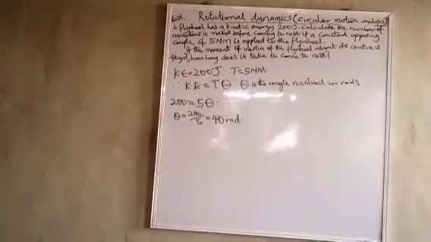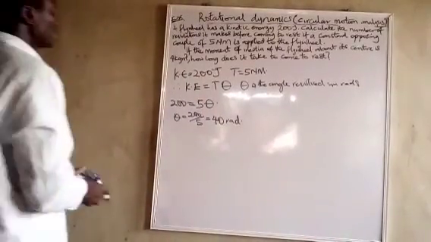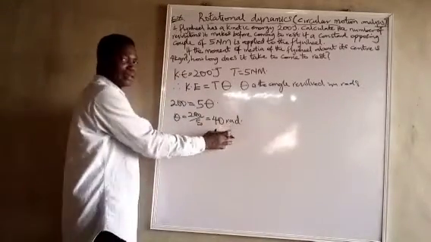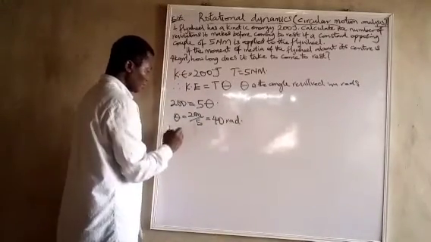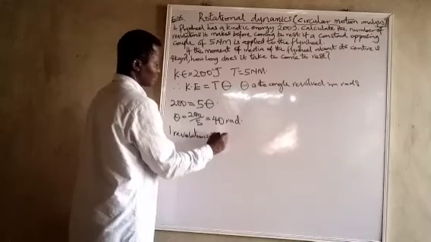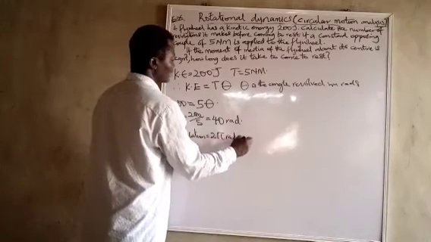We are asked how many revolutions it is going to make. Which means, how many revolutions will this 40 rad be? You know that one revolution is equal to 2 pi rad, that is 360 degrees.